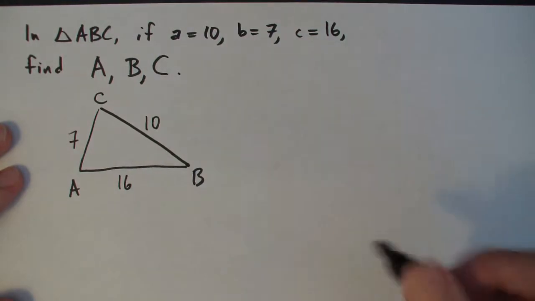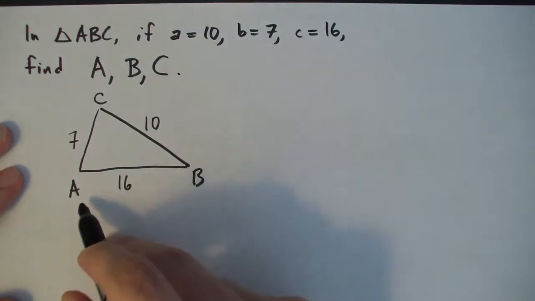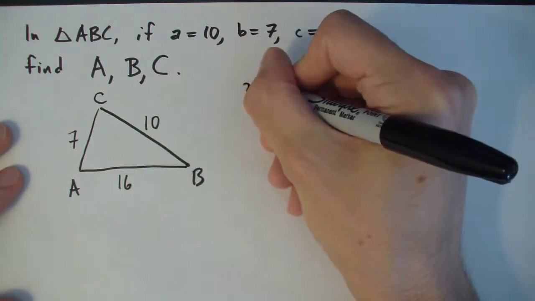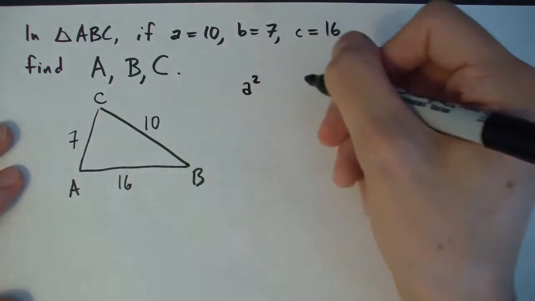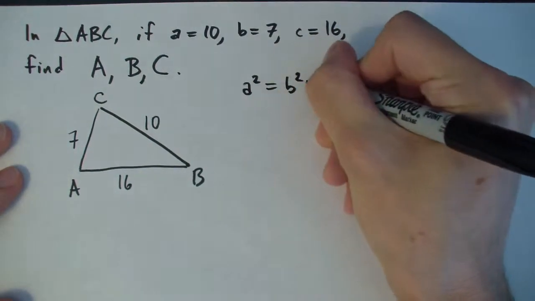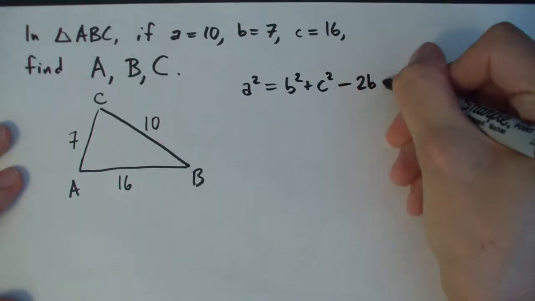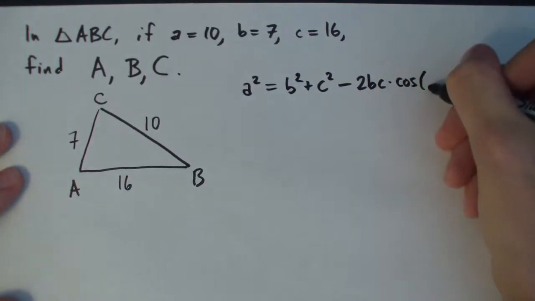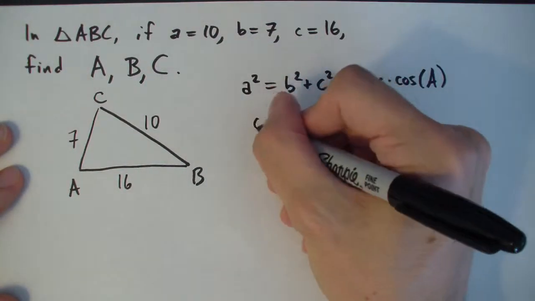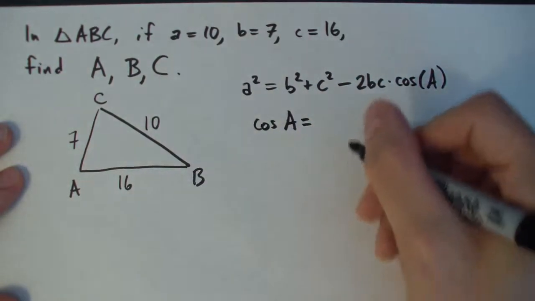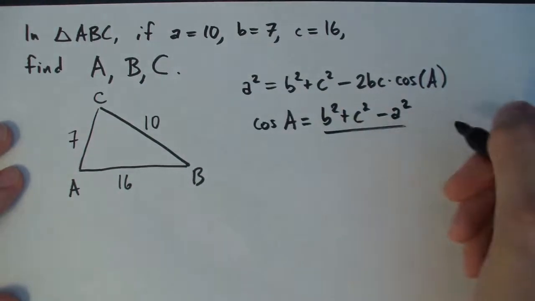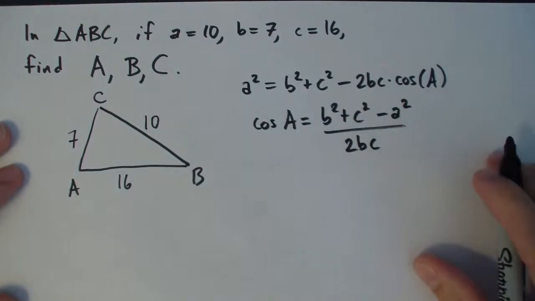In this case, let's start with angle A. We really can pick any angle to begin with. So let's start with A. And so we use the law of cosines, which relates angle A with the sides. So a squared is equal to b squared plus c squared minus 2bc times cosine of A. Rearranging this and solving for cos of A, we get cos of A is b squared plus c squared minus a squared all over 2bc.